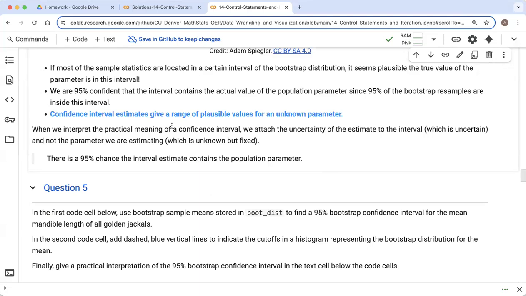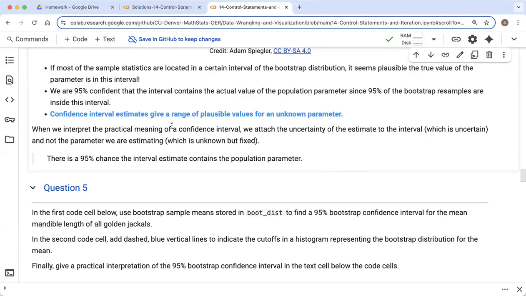And when we interpret the meaning of a confidence interval, since different samples would lead to different interval estimates, we want to make sure that we attach the uncertainty of our estimate to the interval that we've constructed, which is variable.